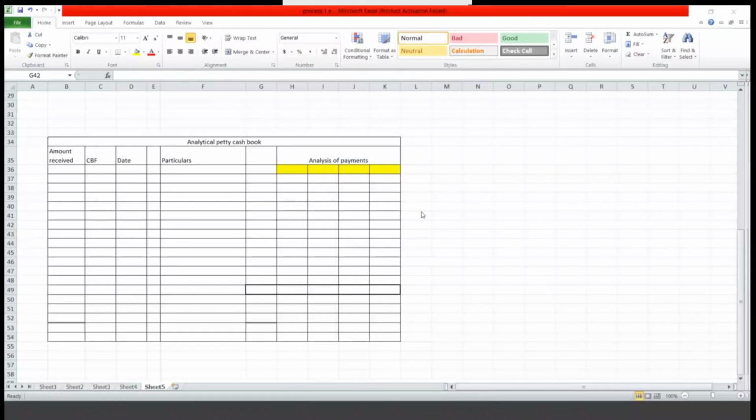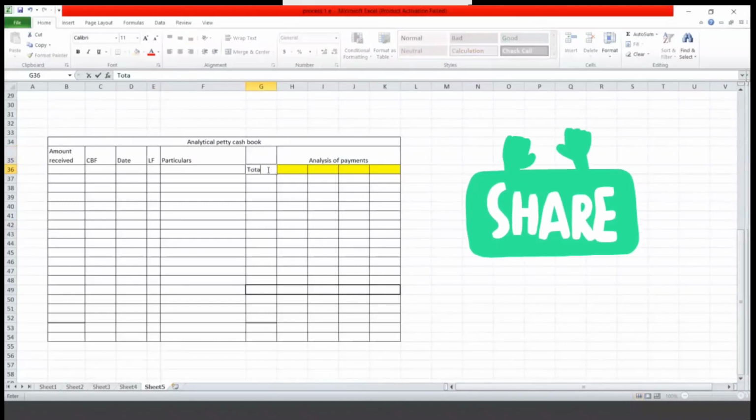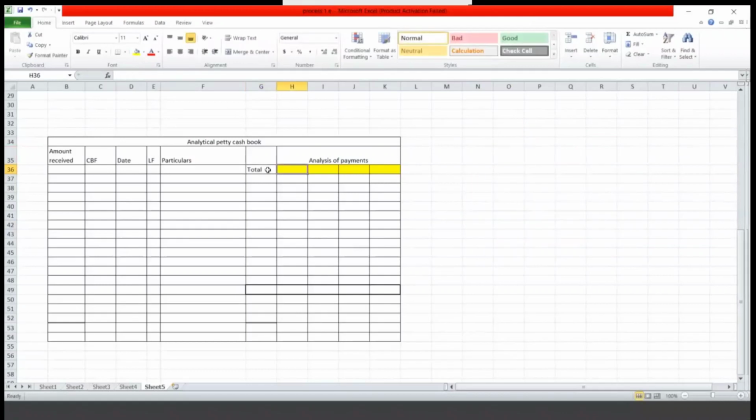Let us check the question. First, let's check what is the given data. Then we can decide what analysis of payments we have to take. First one will be total. And after that, stationery is there, postal stamps, coolie, cartage, paper and pencils, taxi charges, tips to peons, register post charges, tea charges, sent telegrams.